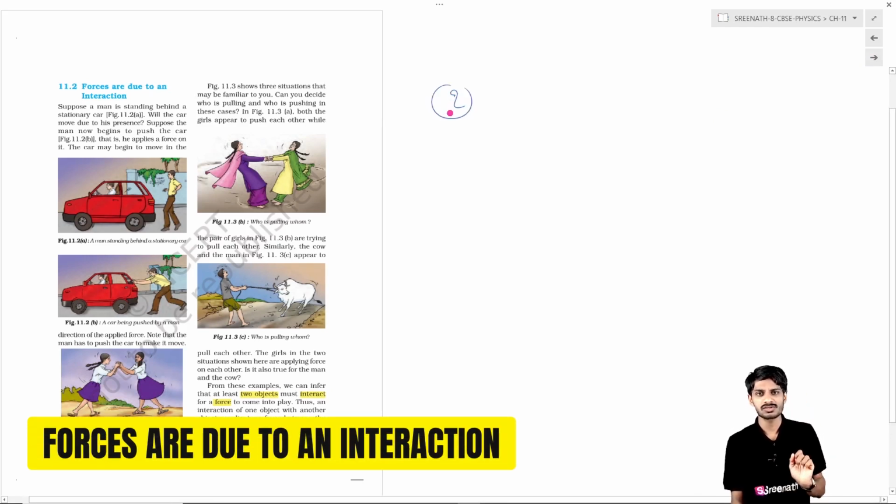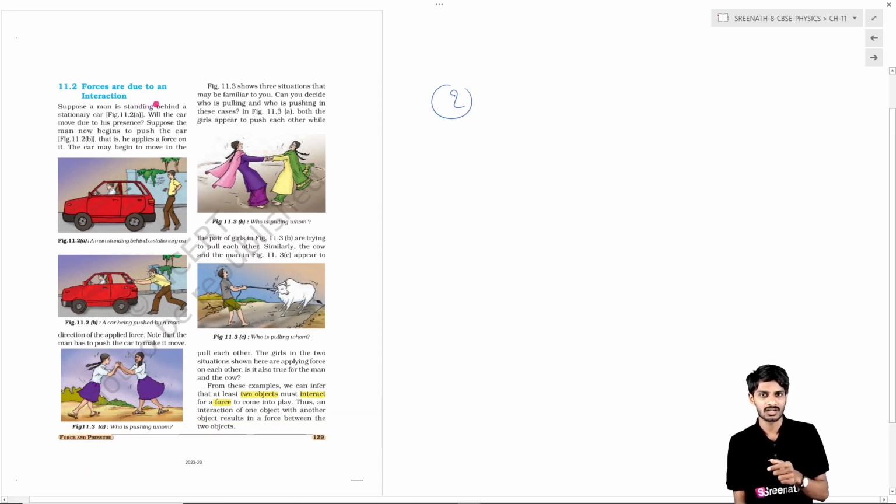Okay, the second topic. Basically, what is meant by force? Force is nothing but a push or pull. We have understood it. Now, forces are due to an interaction. Let me give you an example. Here there is a car and there is a man. Does this car move forward due to the presence of him?